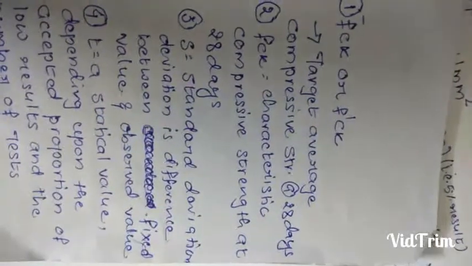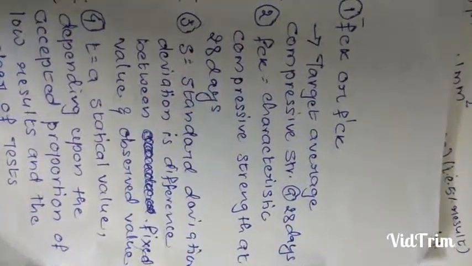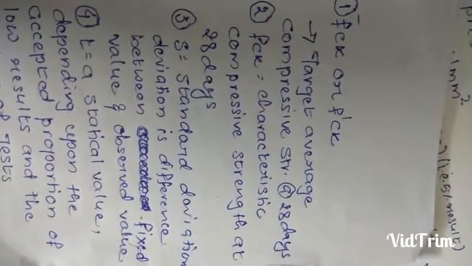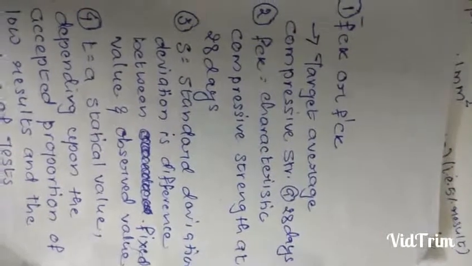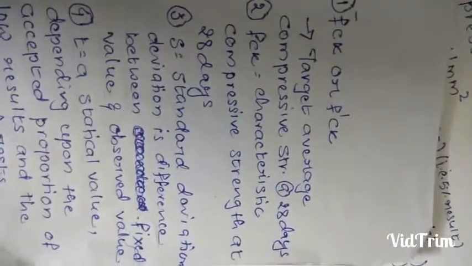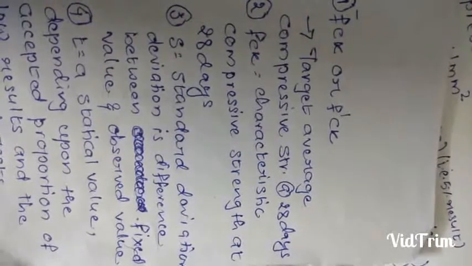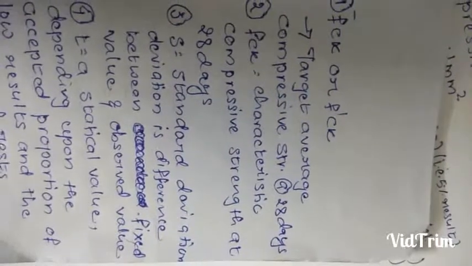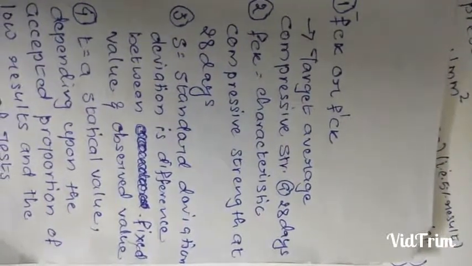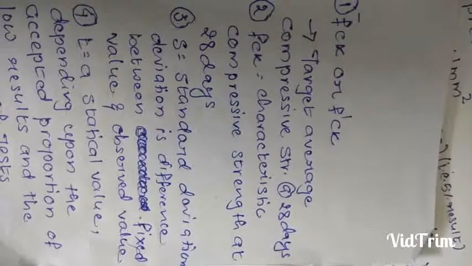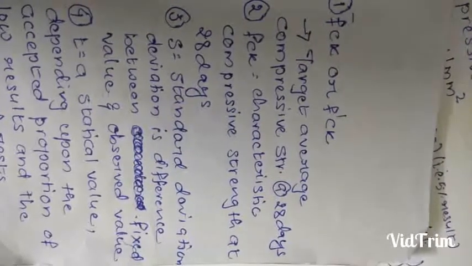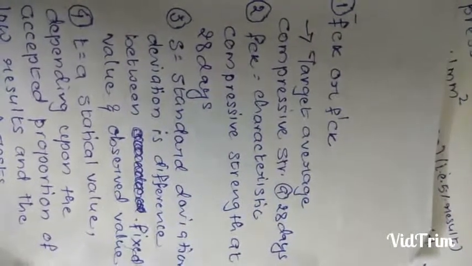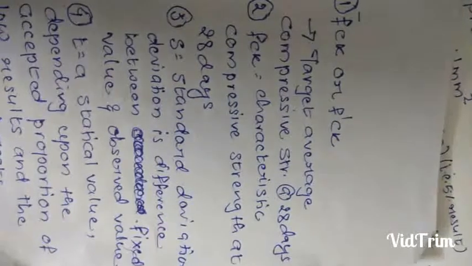Now you know the difference between target average compressive strength and characteristic strength, right? Characteristic strength in our case is 20 Newton per millimeter square, right? And we get the target average compressive strength with the help of the formula given in IS 456.